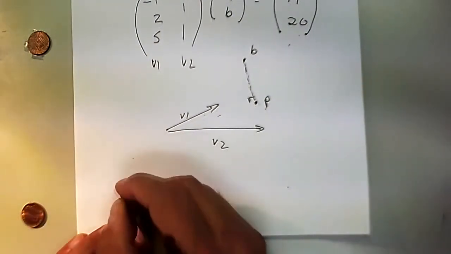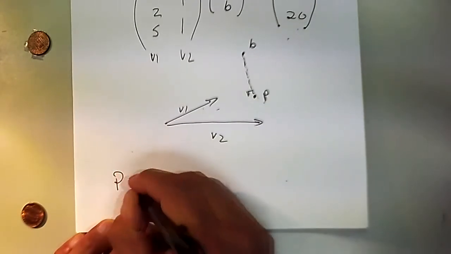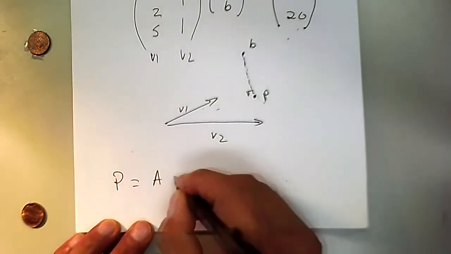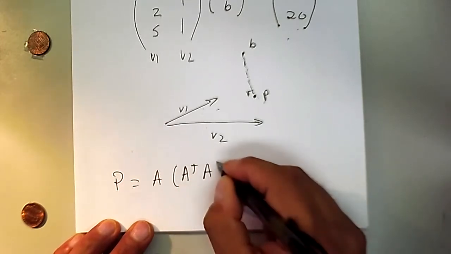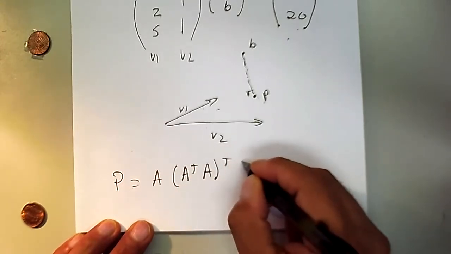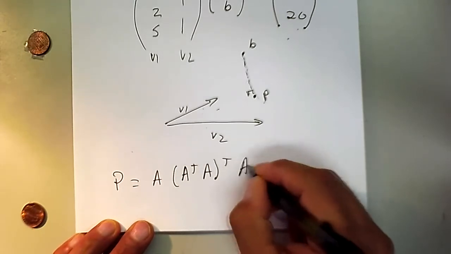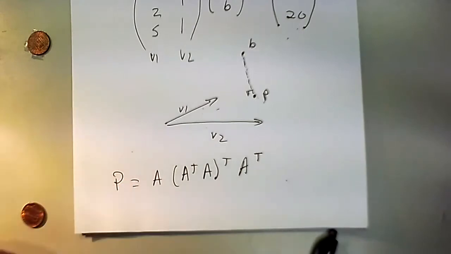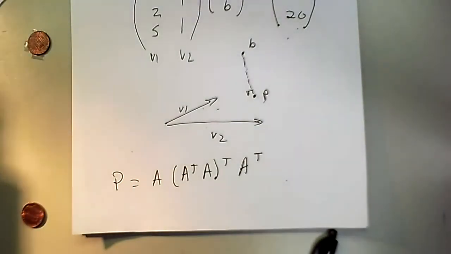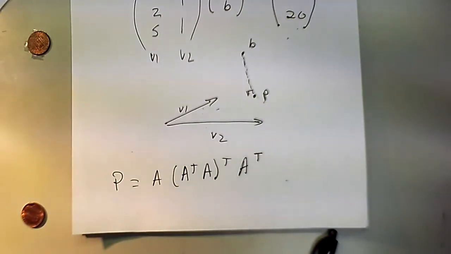The formula for the projection matrix was, if I'm not mistaken, A transpose A inverse A transpose. Oh, that's not an inverse. That is not a transpose. It's an inverse. I'm looking for my eraser. There it is.